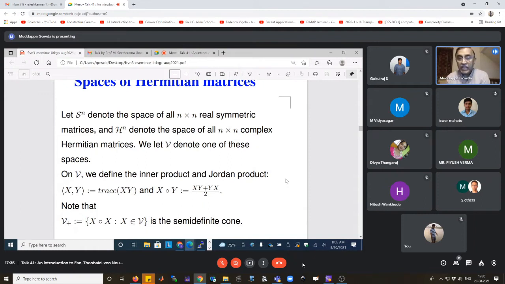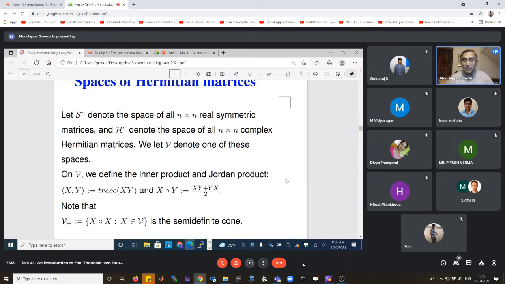And x circle y is (xy plus yx) divided by 2. One does not see this product in a standard matrix theory course. Now, why are we defining this product x circle y in terms of xy plus yx divided by 2? This is because even if x and y are real symmetric or complex Hermitian, xy may not be real symmetric or Hermitian at all.